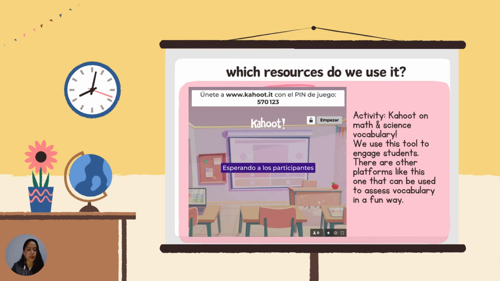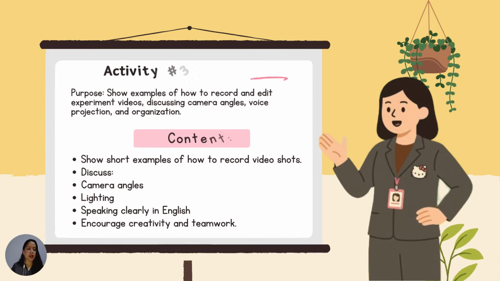So after that we have activity number 3, which is the video preview. The purpose of this activity is to show examples of how to record and edit experiment videos, discussing camera angles, voice projection, and organization.